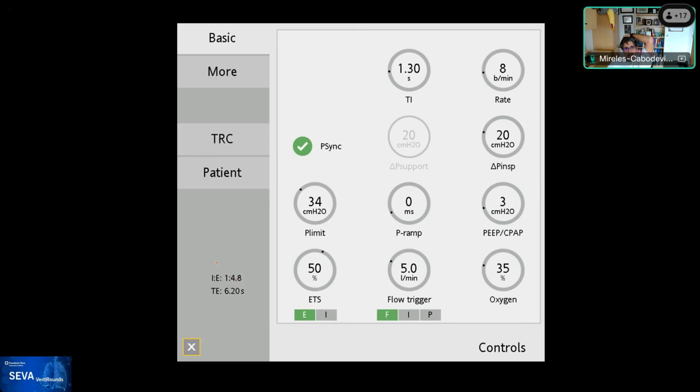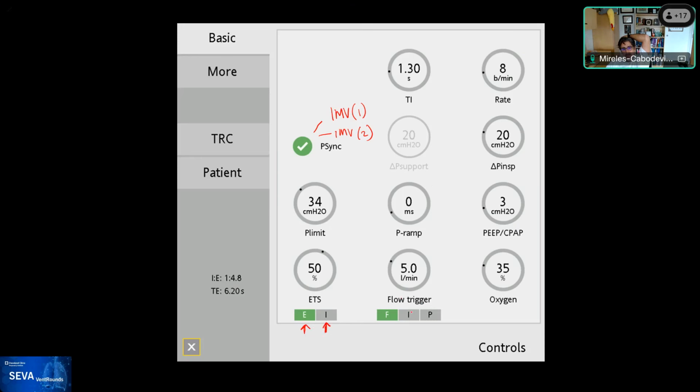If P-Sync is not active, this button can change it from IMV type 1 to IMV type 2, correct? Yep. You can change the cycling threshold from an automatic one, a proprietary mechanism, to using the flow.